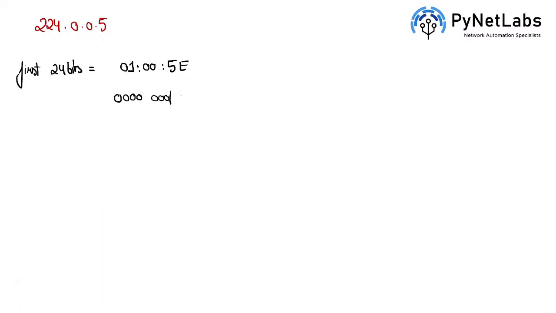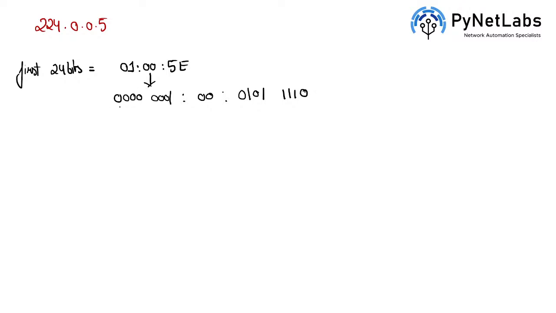So this is the first value. Then we write 00, and 5 will be 0101. This is the conversion for 5, and E is represented as 10, so 1110. So this will be the entire conversion of the first 24 bits.